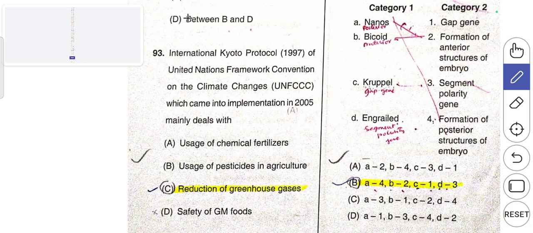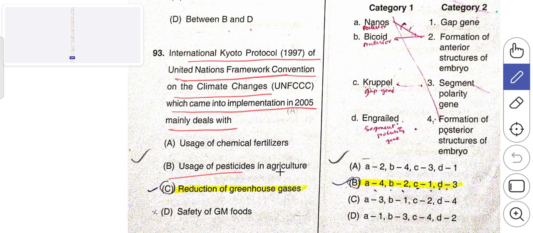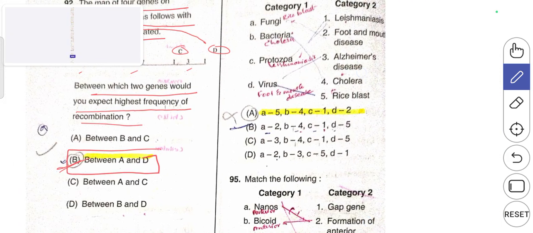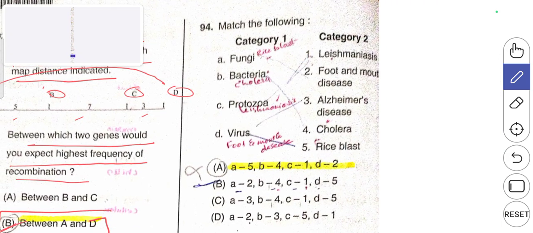93rd question: the International Kyoto Protocol 1997, United Nations Framework Convention on Climate Change, which came into implementation in 2005, mainly deals with the reduction in greenhouse gases. C is the right answer. The 94th question, again match the following.